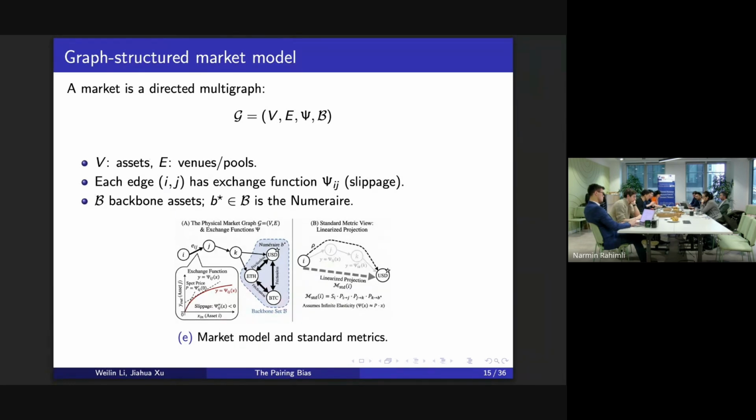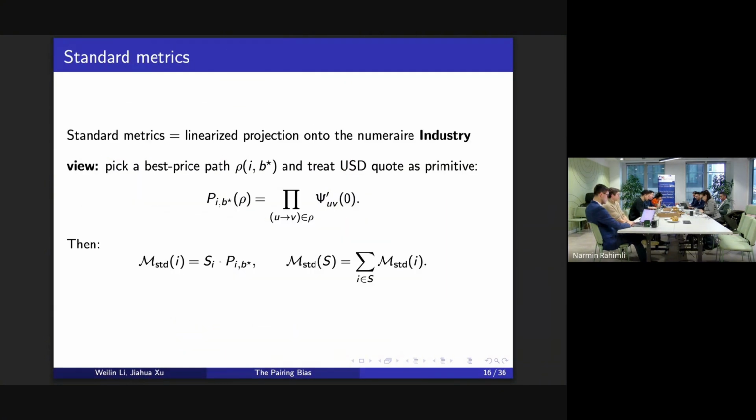Like you have Bitcoin, Ethereum, XRP, all these tokens. And this trading must incur a cost, because the more you trade, the worse the price becomes. That's one of our assumptions, because otherwise you could always get more money. It's just free money. So this is very crucial for our later analysis.